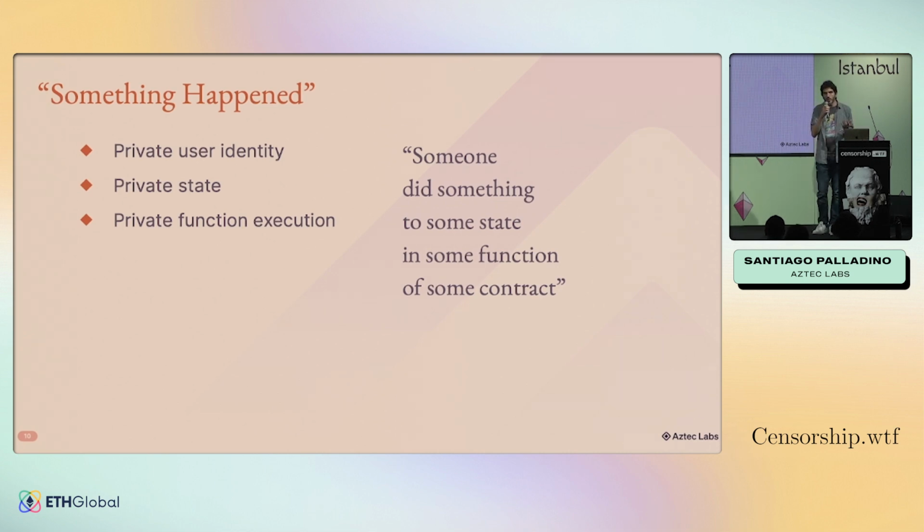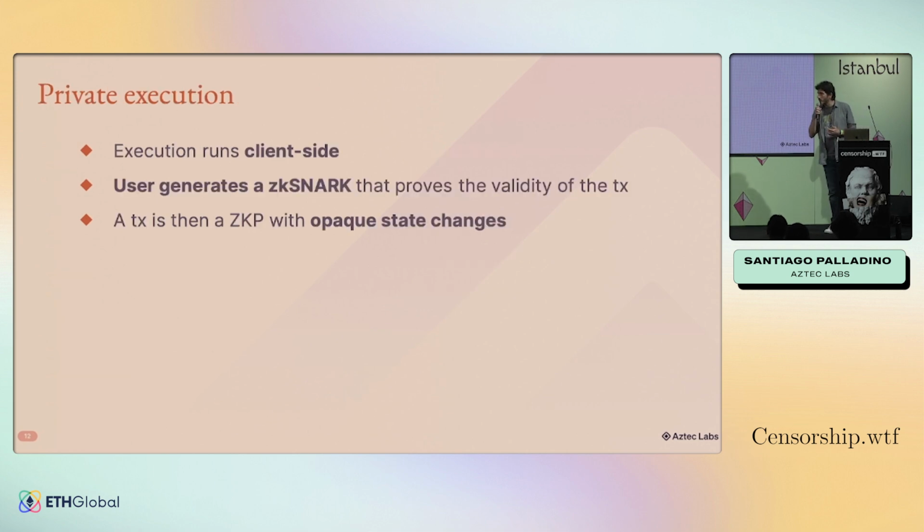So for any third-party observer of a transaction that happens on the network, it should be that someone has done something on some state, on some function, some contract. Basically, nothing gets revealed. We want to make sure that there is zero information leaked whenever a transaction is sent, while retaining full programmability. So how do we do that?